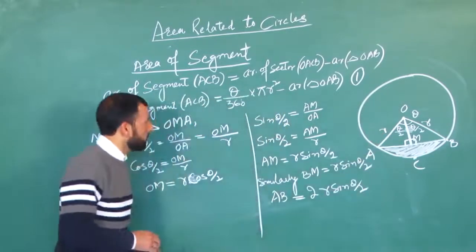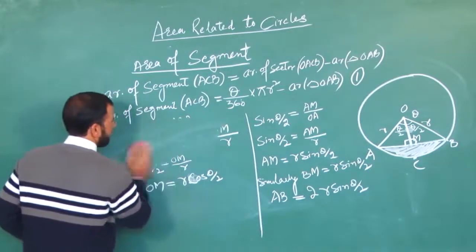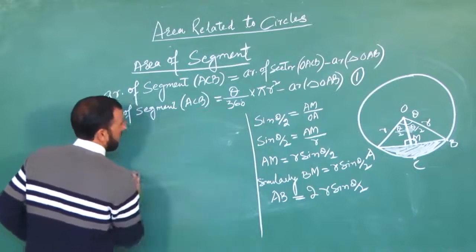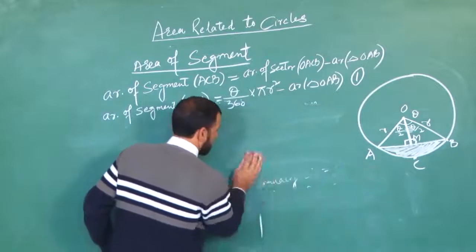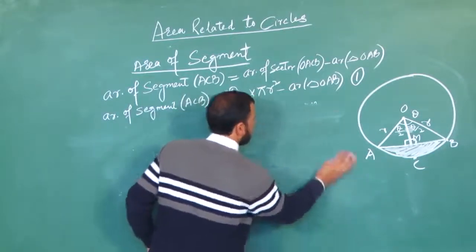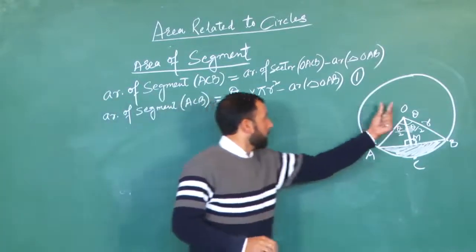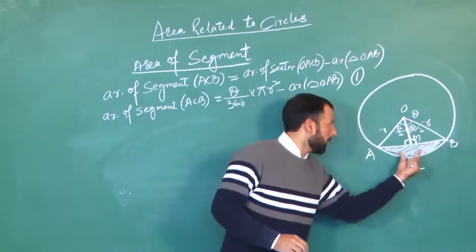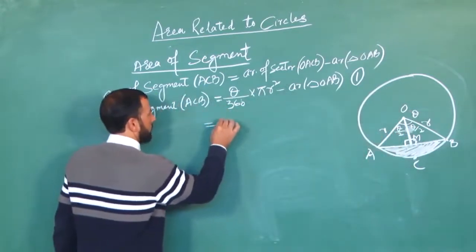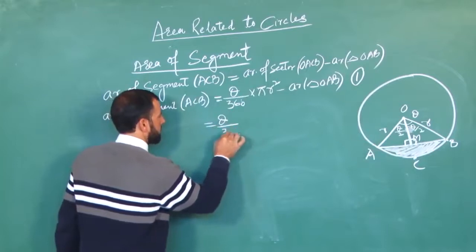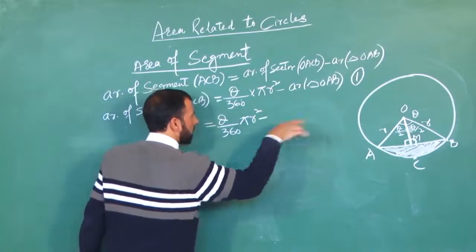Now the area of the segment ACB is equal to the area of the sector OACB minus the area of this triangle OAB. We can write it as theta divided by 360 into pi r square minus the area of the triangle.